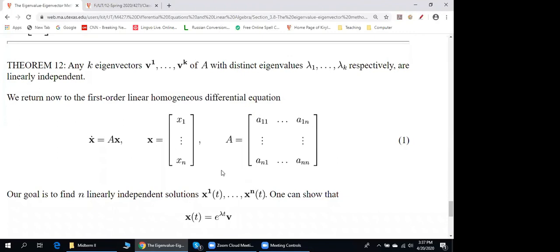Conclusion: if you combine what is written here with theorem 12, here is how we can come up with a general solution of our system.